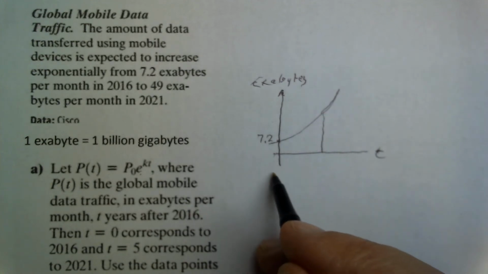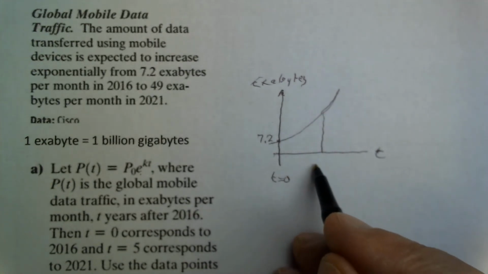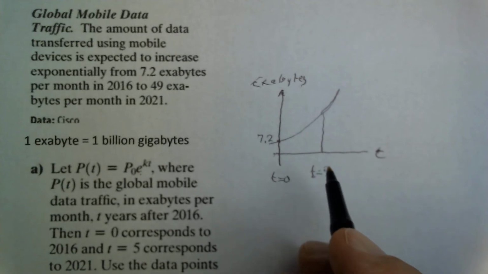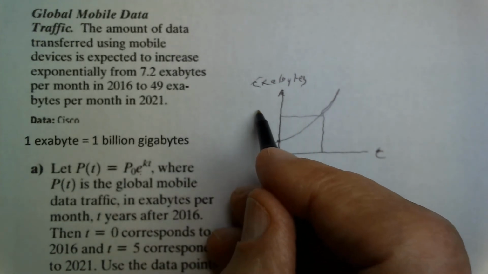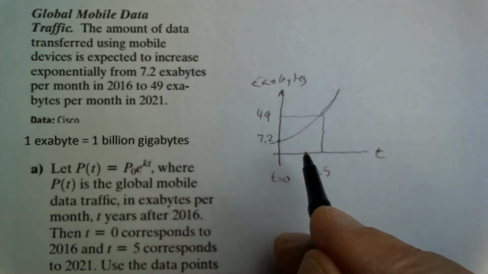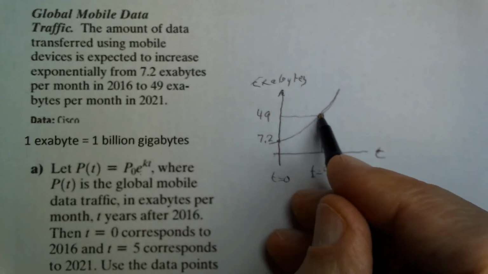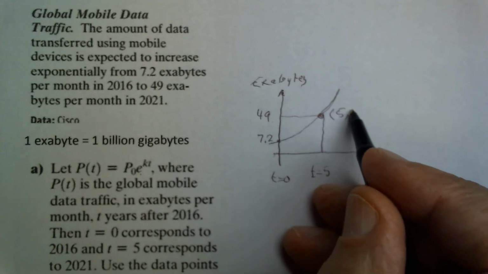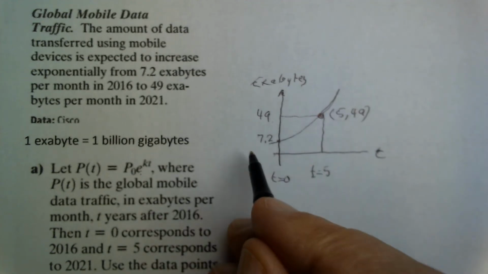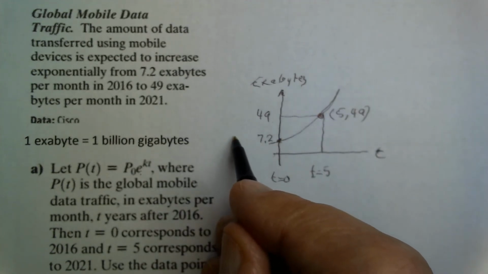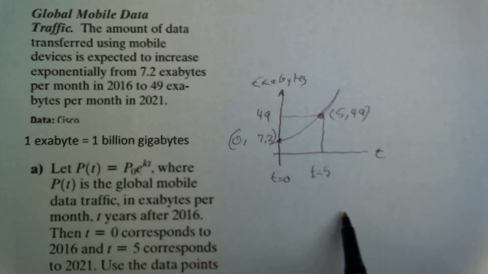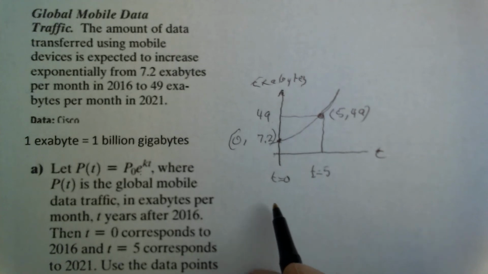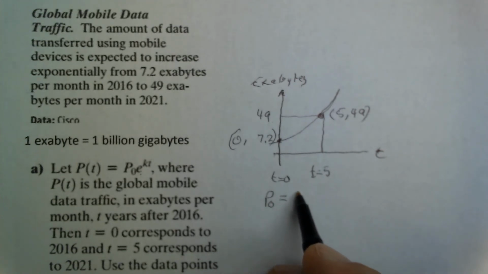And when t equals 5, then the growth will be at 49. So this is (5, 49), and this point is (0, 7.2). So in other words, P sub 0 is equal to 7.2.